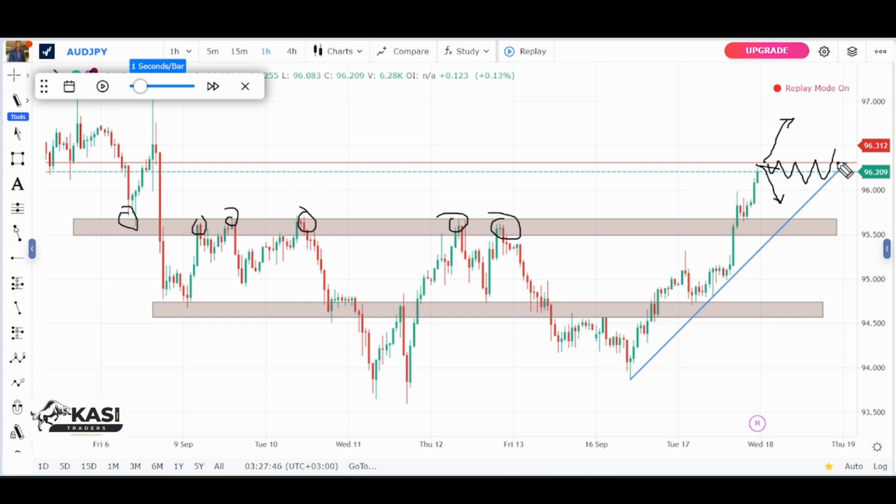If the price goes to my structure, this structure here, my prediction is that the market will push further up. And that is based on the fact that I have identified the trend as an uptrend, and structure wise we are in an area that is likely to push the market further up.